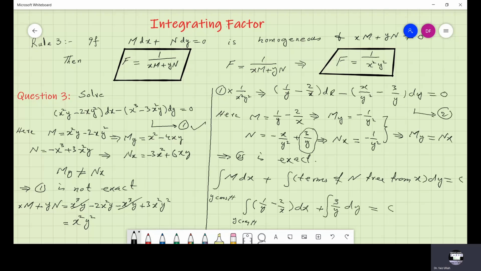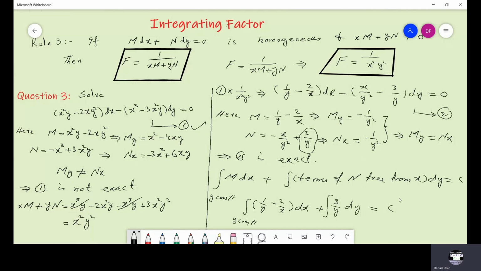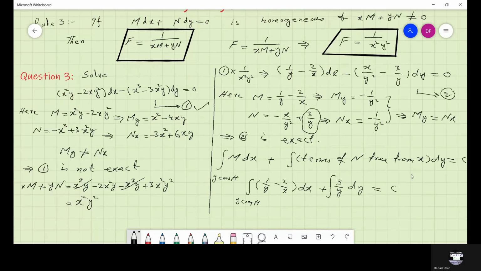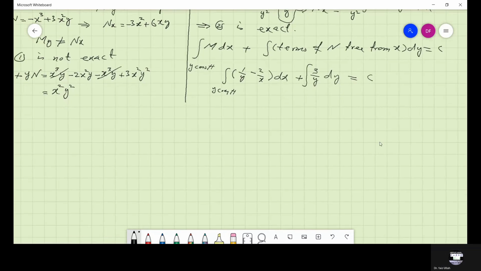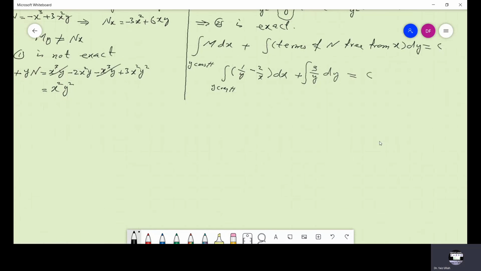Now if we further simplify this, we get integration of 1 over y, but 1 over y will be considered as a constant. So we have x over y here.